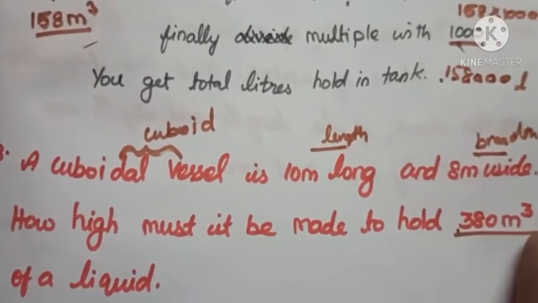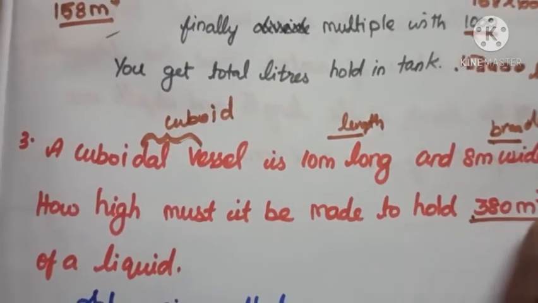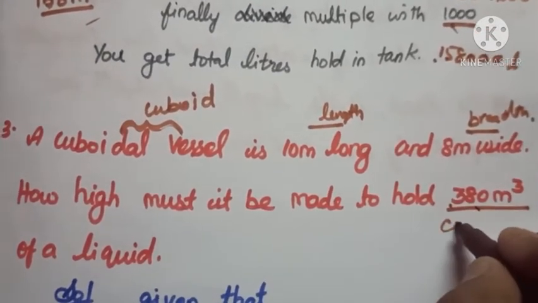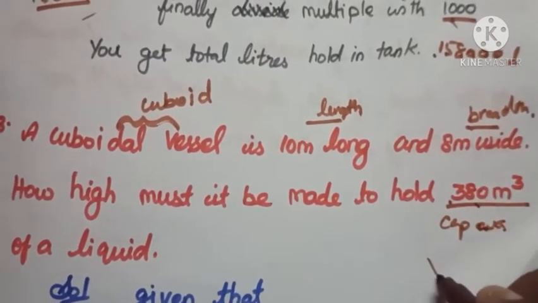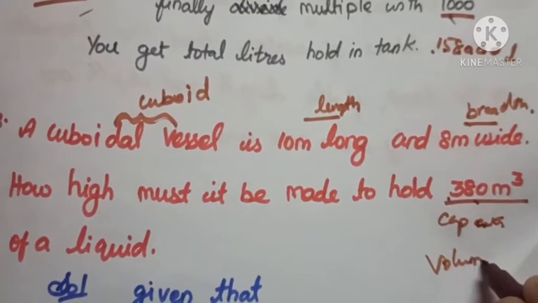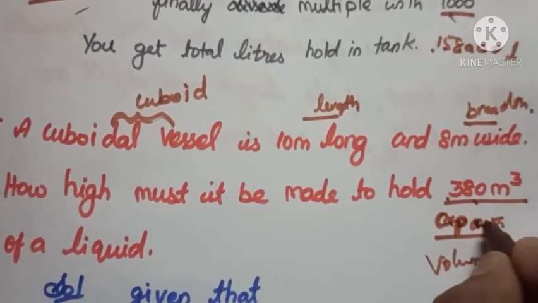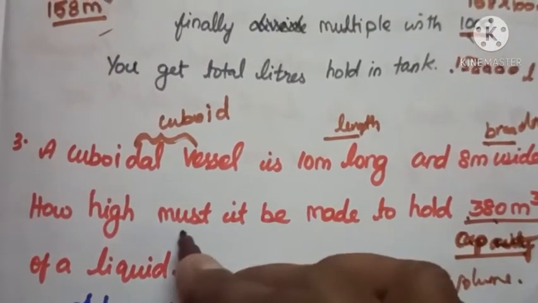So you can see this is the capacity of the vessel. Capacity means volume. So we need to find out the height.